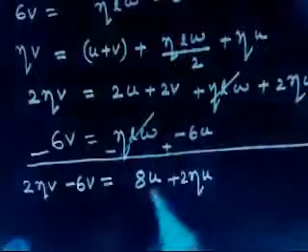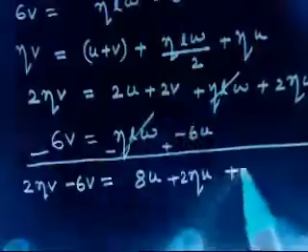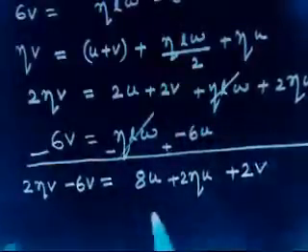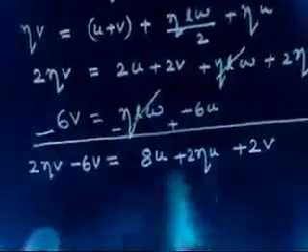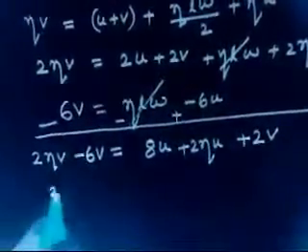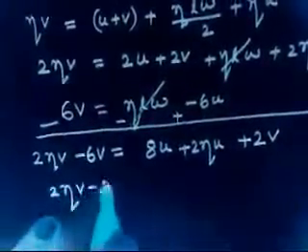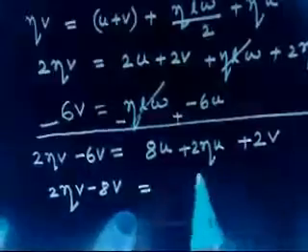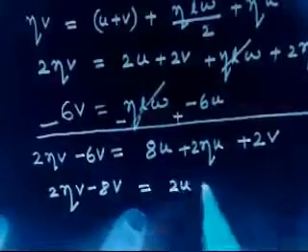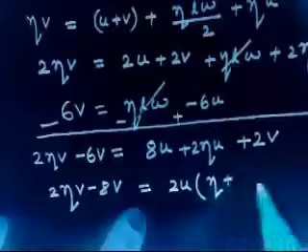So 6 plus 2 at eta u, now only v, so plus 2v. So v goes this side, so we will have 2 eta v minus 8v equals, if I take 2u common, eta plus 4.